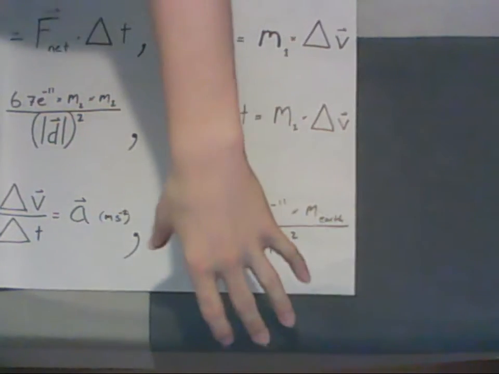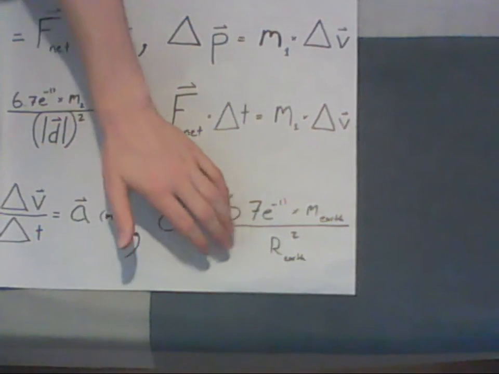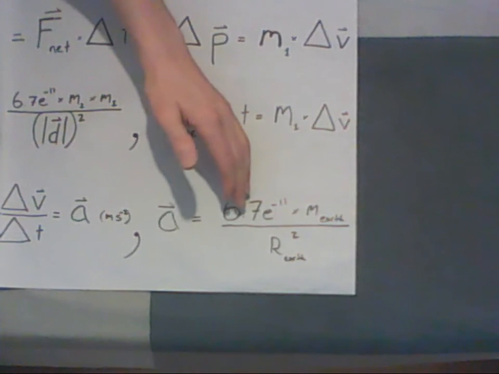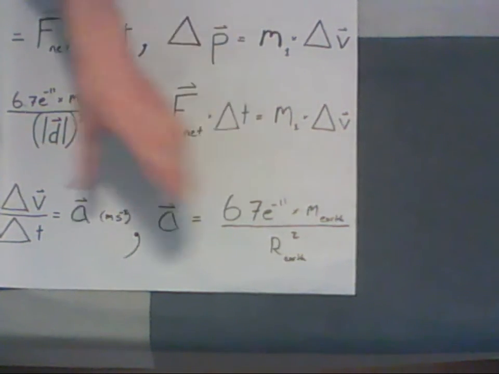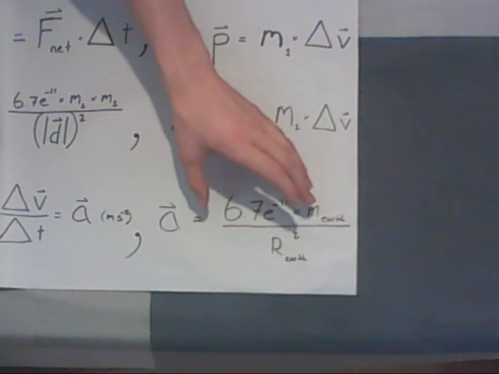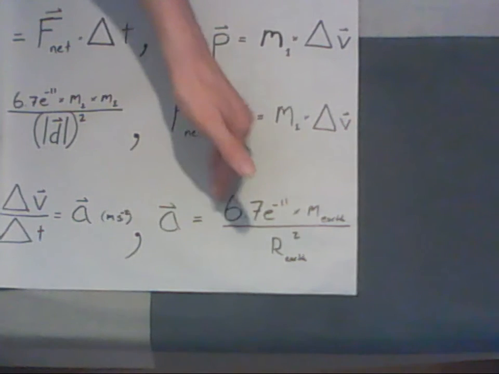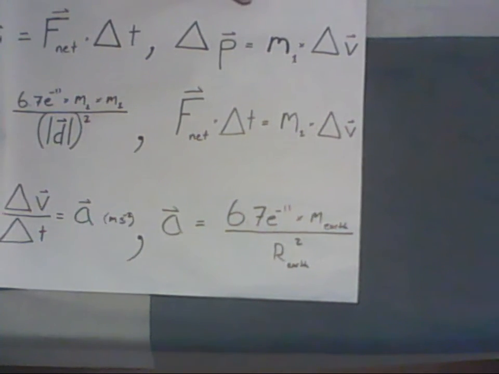It's going to experience a larger force closer to the ground, but because the radius of the Earth is 6,000 kilometers roughly, that's 6 million meters, if you drop it by a meter, the change in this is going to be fairly small, and as a result, we get roughly 9.8 meters per second squared everywhere on Earth.